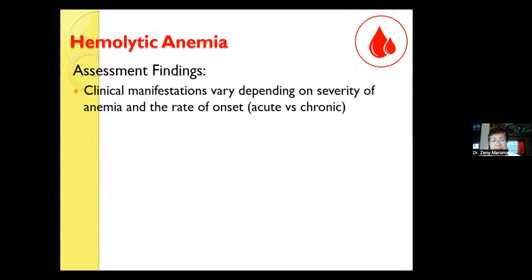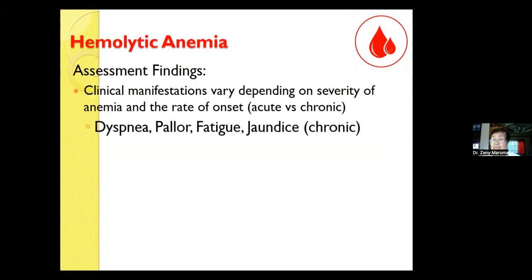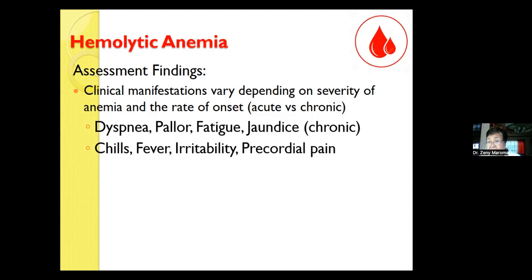Okay. So what are the signs and symptoms? The clinical manifestations vary depending on the severity of anemia and the rate of onset, whether acute ba or chronic. But chronic type, there's dyspnea, pallor, fatigue, there's jaundice. Na, di ba? The end product of RBC destruction is bilirubin, kaya may jaundice.